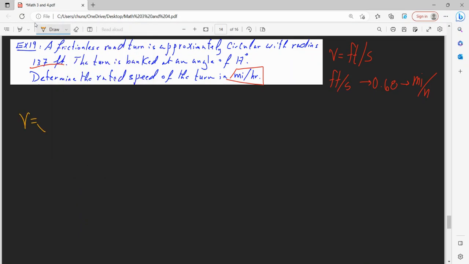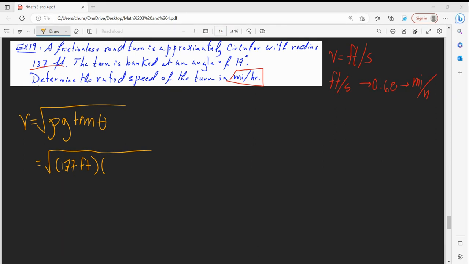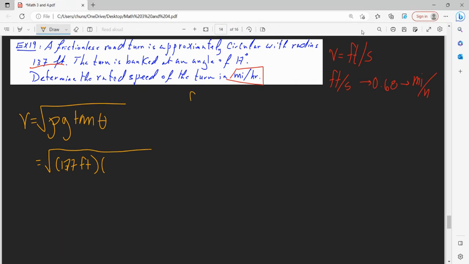So that is V is equal to the square root of rho, gravitational force, tan theta. And so we're going to want to keep these units consistent. So if we're given 137 feet for our rho, our gravitational force must also be in feet per second squared and not meters per second squared.